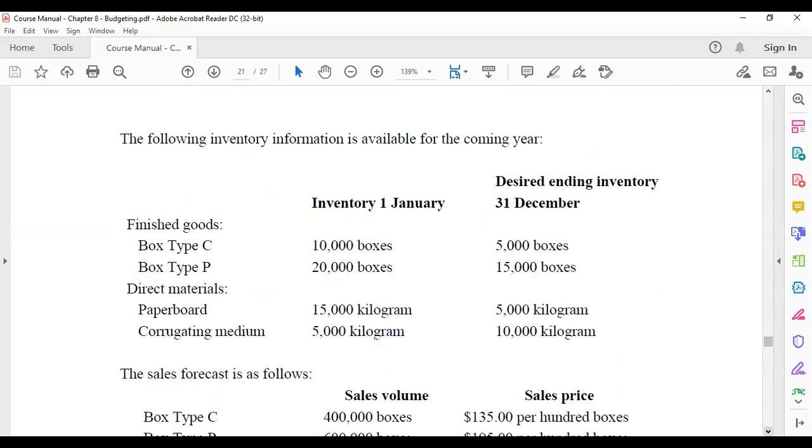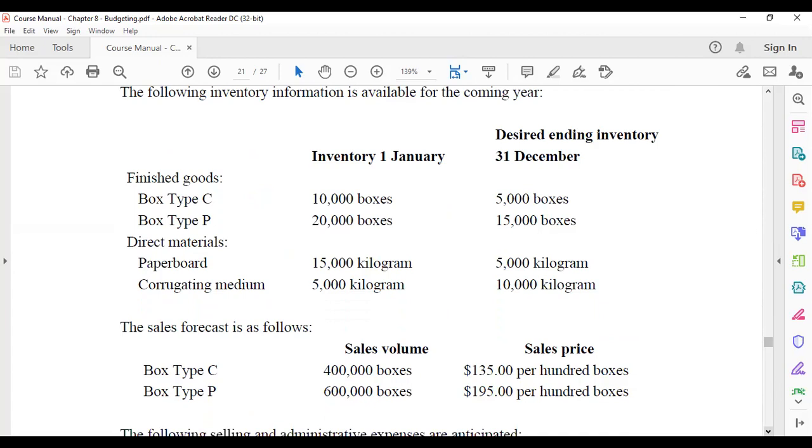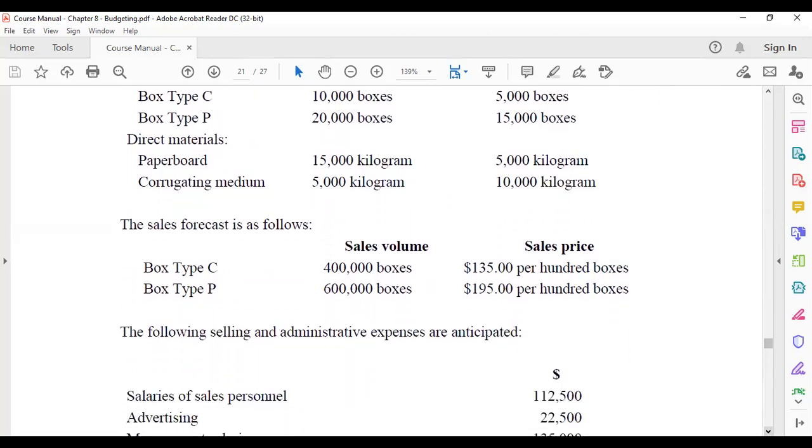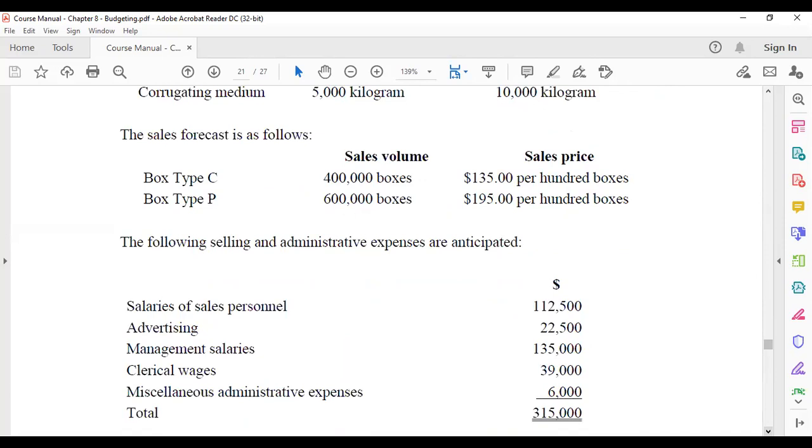So you have to start with the sales budget. That would be your starting point. When it comes to budgeting, as you would have learned in the lecture, we start the budgeting process with the limiting factor. Most of the time, the limiting factor is going to be the demand.